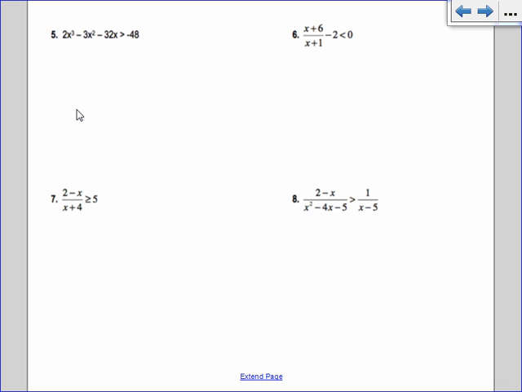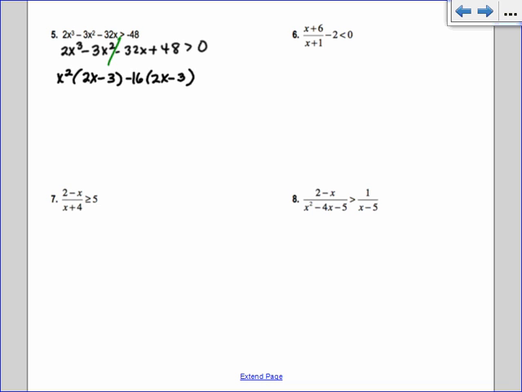So we're going to add the 48 over. So we're going to have 2x cubed minus 3x squared minus 32x plus 48, and we want it greater than 0. It has 4 terms. Can we factor by grouping? Yeah, we actually can. So we're going to split the middle. When we do that, we pull out an x squared, and we're left with 2x minus 3. We know we want a 2x minus 3 over here, so what number can we pull out?